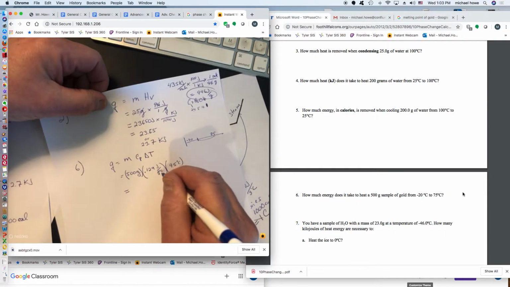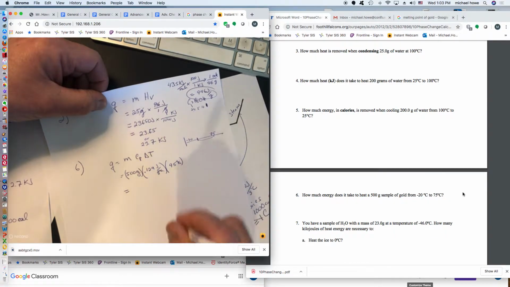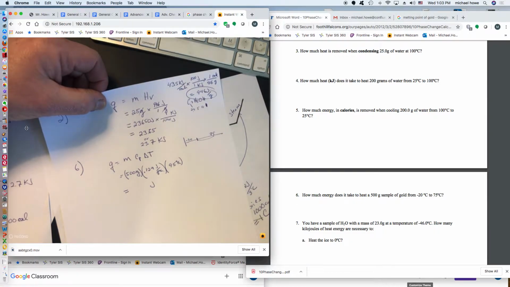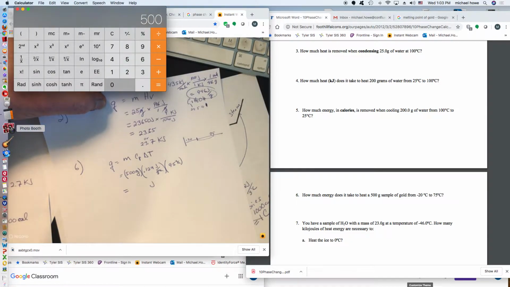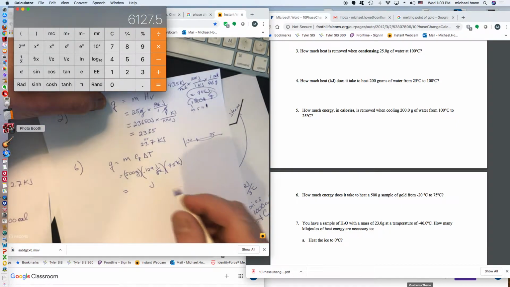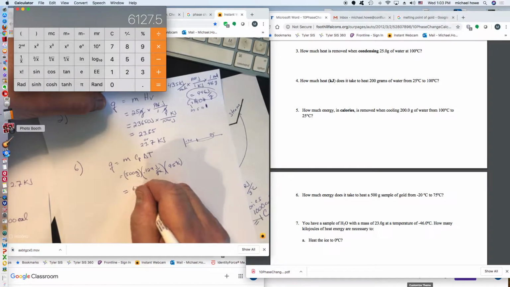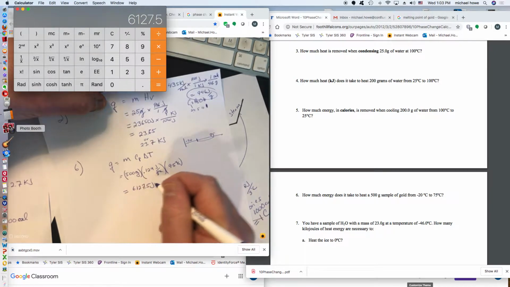So now we're ready to multiply. Notice grams cancel, degrees C cancel, and I'm just left with joules for a unit. The actual numbers will be 500 times 0.129 times 95. So I get 6,127.5 joules.